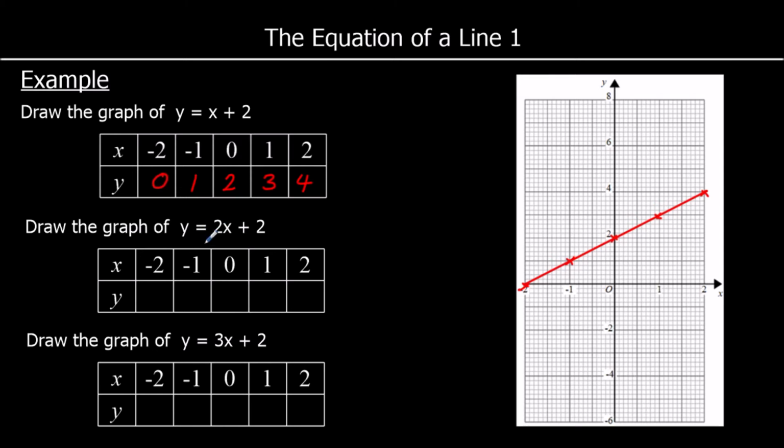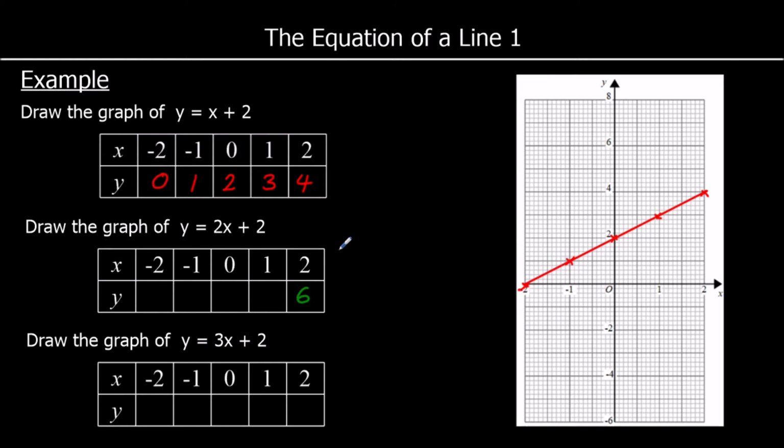we have the equation of 2x plus 2. So y is equal to 2 times x plus 2. And again, we're substituting in the x coordinates to find the y coordinates. So 2 2's are 4, plus 2 is 6. Again, I'm starting with a positive just because you're less likely to make a mistake with positive numbers.